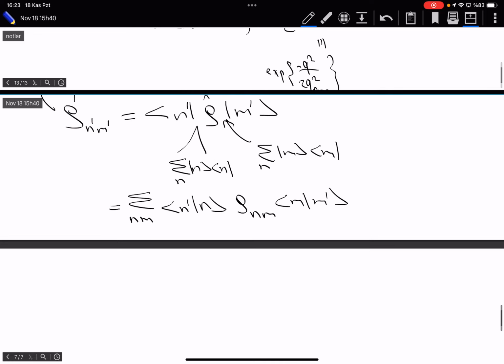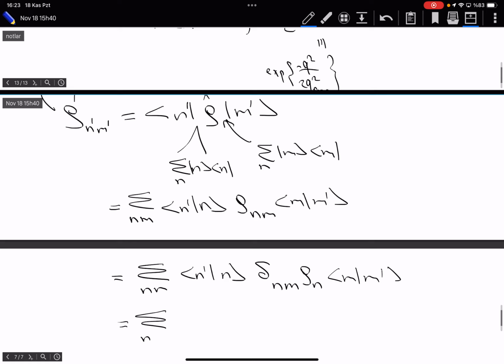Let me already use the fact that rho was diagonal in the microcanonical ensemble. So let me write Kronecker delta nm rho_n, which will be <n prime|n><m|m prime> rho_n.